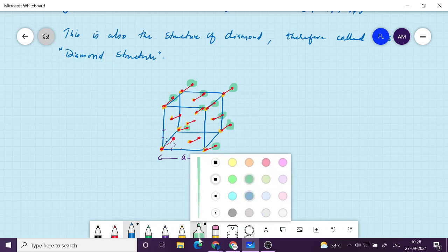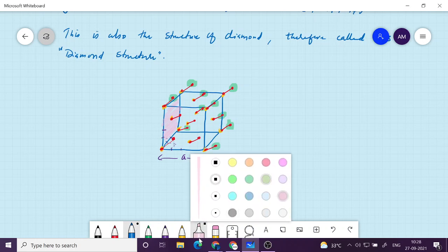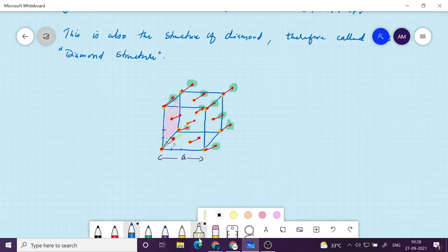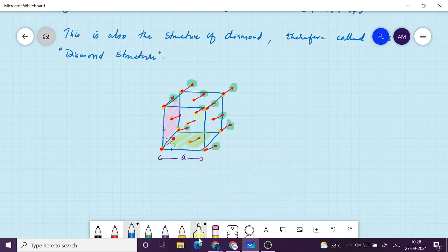How do I show this? So one on this particular side, then one on the bottom side, and the one on the front side which is facing us. This side.